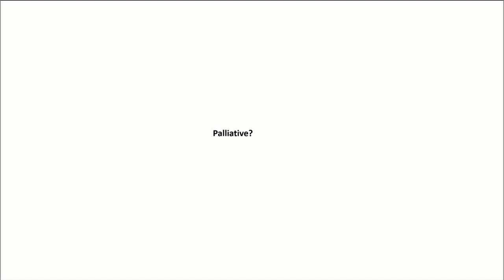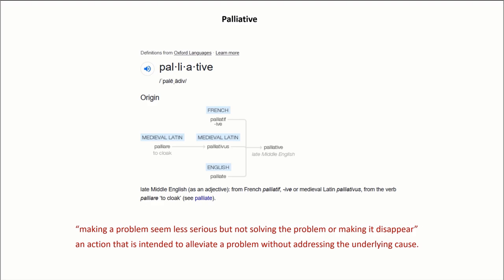Let's go over what palliative means, first of all. Does anyone know what that means or can think about what it means? So palliative has its origin in palliare, the Latin for cloak or to cloak.